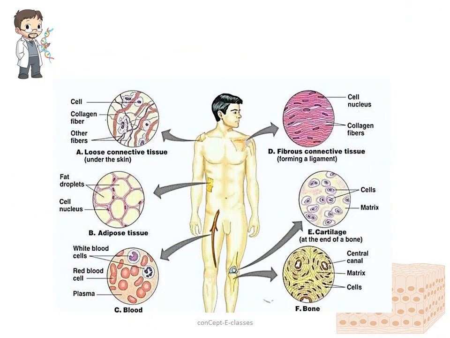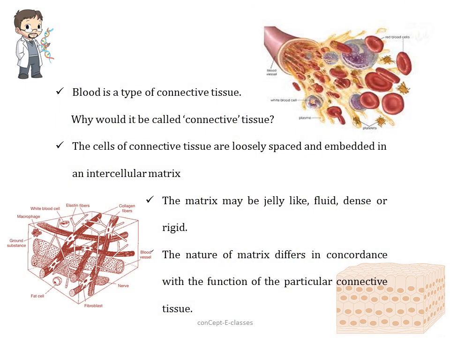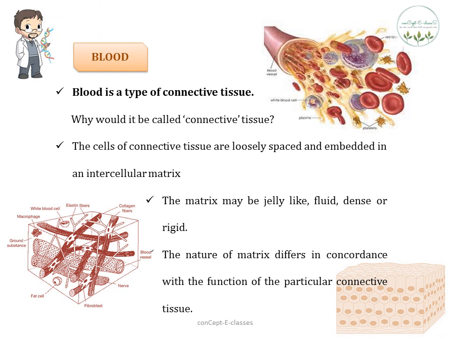So till now we were studying the different types of epithelial tissue. Next we are going to study connective tissues. The first connective tissue that we are going to study is blood. Now why do we call blood a type of connective tissue? Let's see. Connective tissue contains cells which are loosely spaced and embedded in an intercellular matrix.